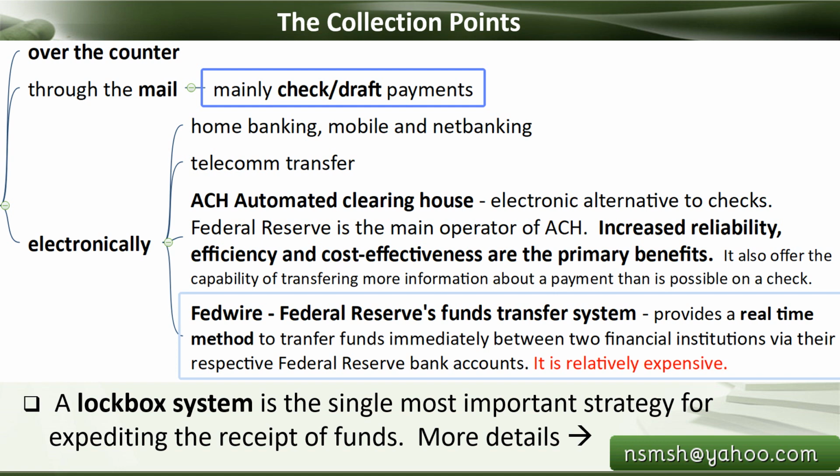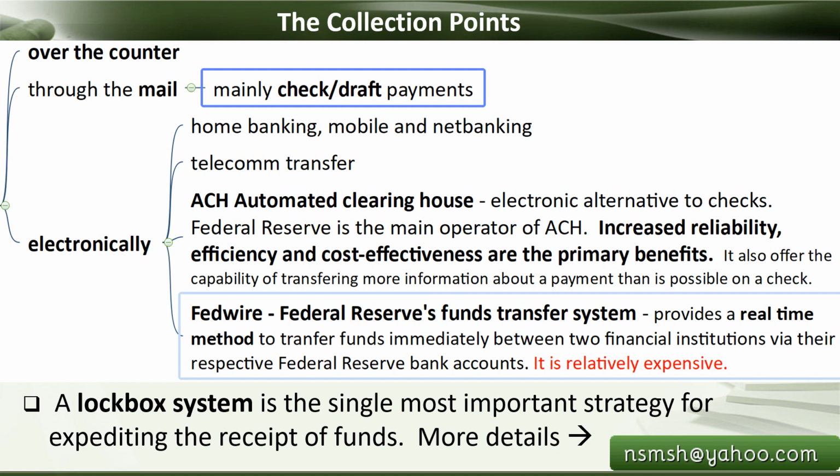Other arrangements are through the mail, that means through the postal mail or courier service, where they receive check or draft payments from the clients and customers. They can also receive payments electronically, that is home banking, mobile and net banking arrangements, or telecom transfer, or automatic clearing house, that means an electronic alternative to checks.